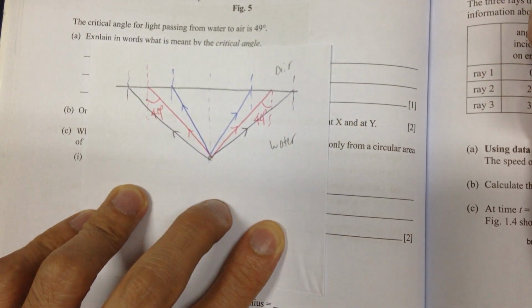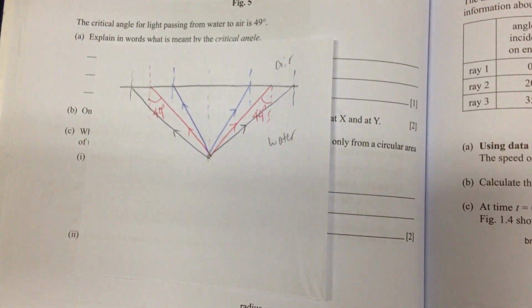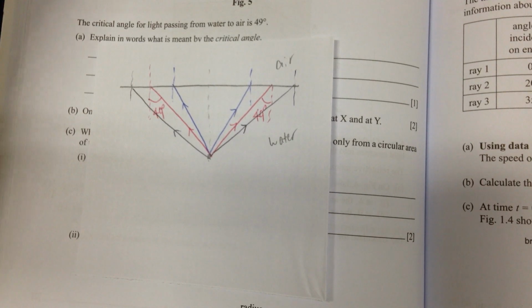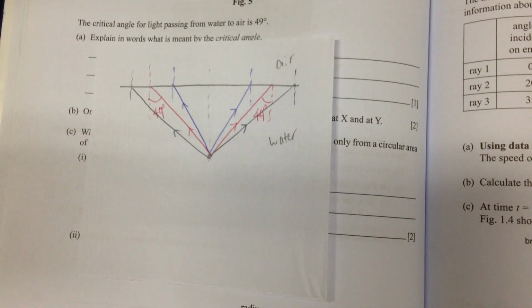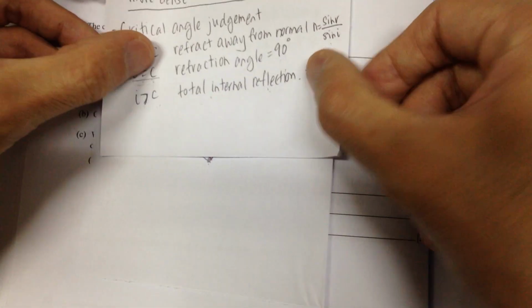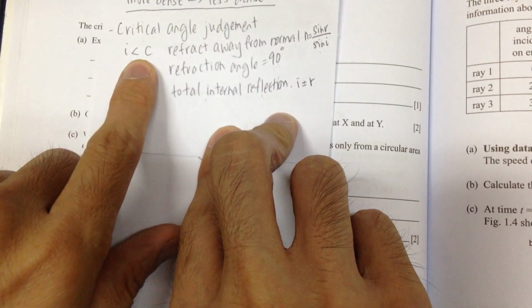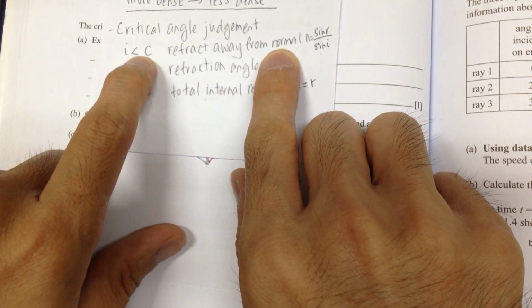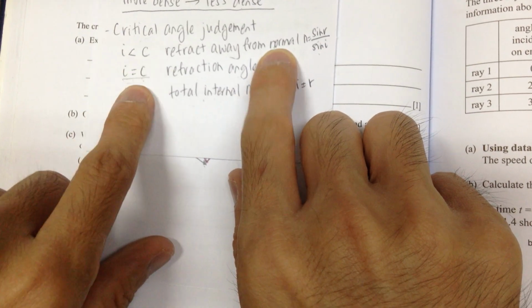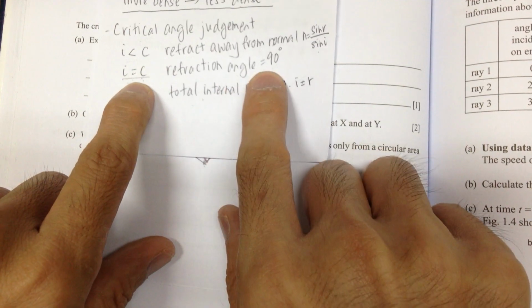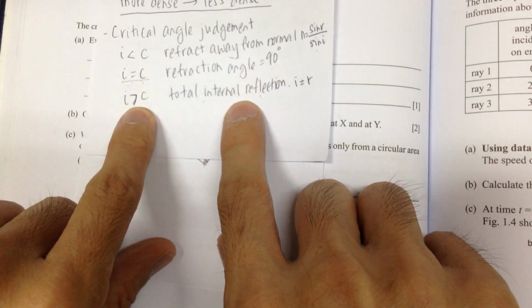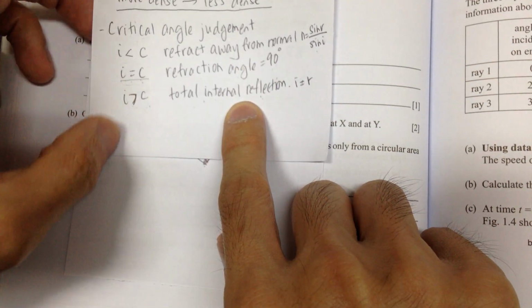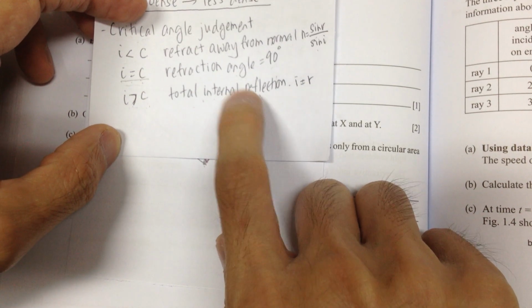We need to know that when the ray is incident at different angles, it has different effects. Angle of incidence lesser than C, it refracts away from the normal, but it emerges into the air. Angle of incidence equal to C, it will refract at 90 degrees. For angle of incidence greater than C, the rays will not come out from the surface, but will reflect back inside.